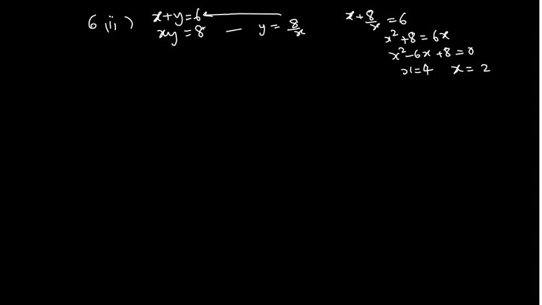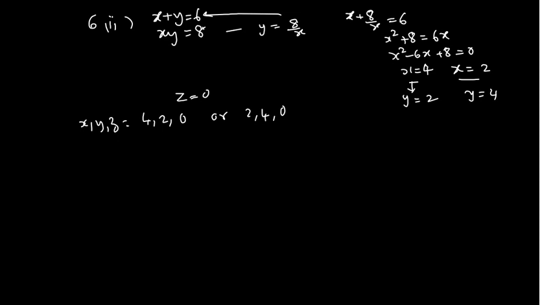x plus z equal to 5, y plus z equal to 7. So let's look at the third sum: x plus y plus z equal to 9. Then you have x plus z equal to 5, y plus z equal to 7. So add these two, you will get x plus y plus 2z equal to 12.